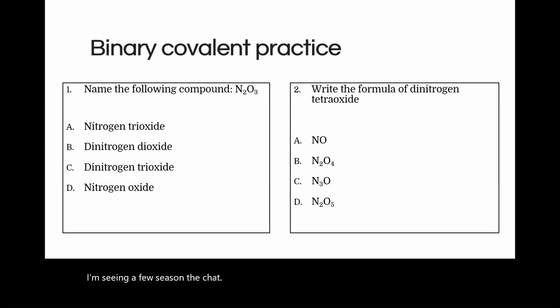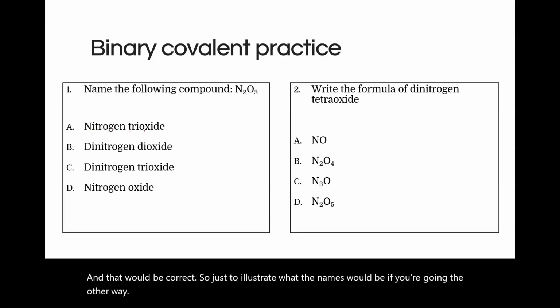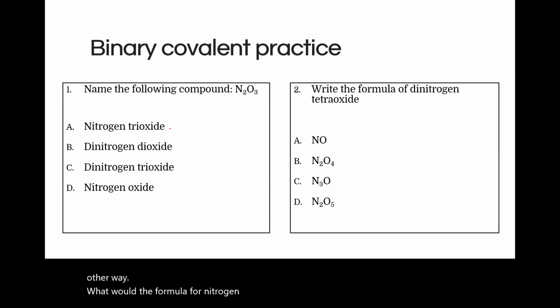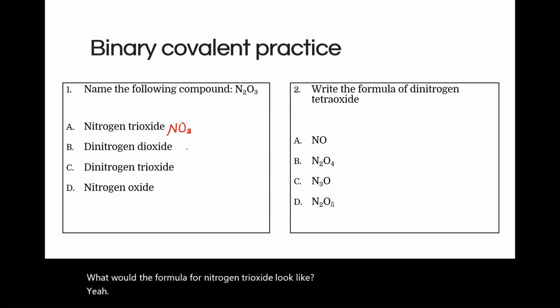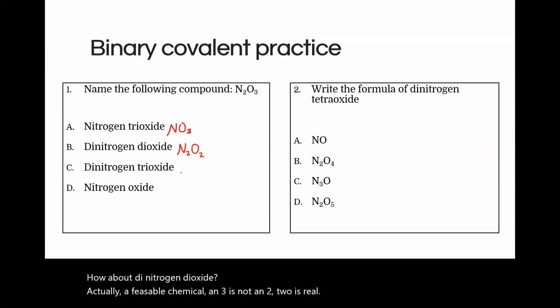And that would be correct. So just to illustrate what the names would be if you're going the other way, what would the formula for nitrogen trioxide look like? NO3. Yeah. How about dinitrogen dioxide? N2O2. That's actually a feasible chemical. NO3 is not. N2O2 is real. All right. And of course, this is our winner.